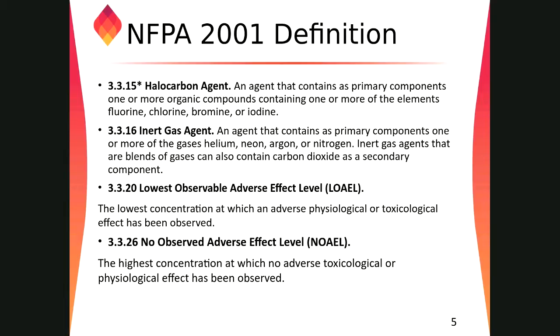So at what minimum percentage of this gas in the atmosphere, if the percentage goes above that, there might be some effect. We'll discuss that also. And then we have the no observed adverse effect level, NOAEL. It is the highest concentration of the product at which we don't have any toxicological or physiological effect on the occupants in the building.